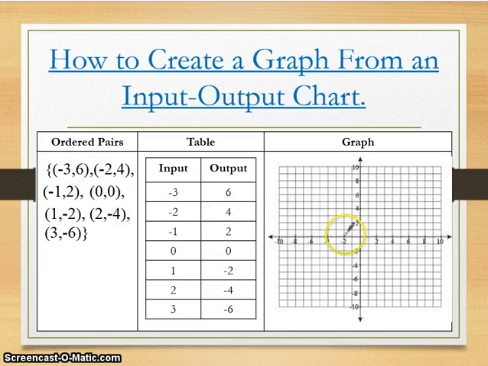So graph -3, 6, -2, 4, -1, 2, 0, 0, 1, -2, 2, -4, and 3, -6. Now, since this is not representing a real-world situation and we do not know whether it should be discrete or continuous, we connect the points on the graph, and we also put arrows on each end to mean if the pattern continued, it would go in these directions forever.